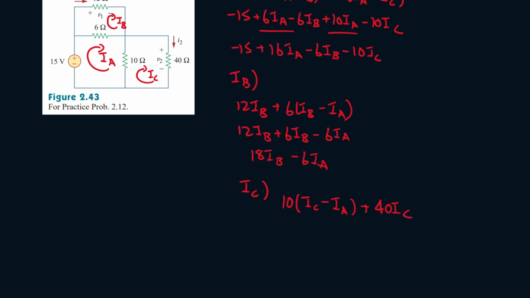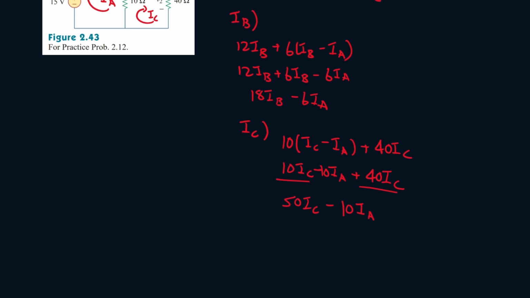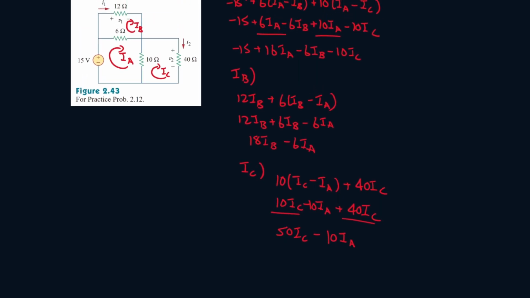Okay, simplifying it, we have 10 IC minus 10 IA plus 40 IC. So we have two like terms here, so it'll be 50 IC minus, oh shoot, I forgot, it's minus 10 IA here. Okay, so continue as normal, minus 10 IA. Now we have three equations and three unknowns.